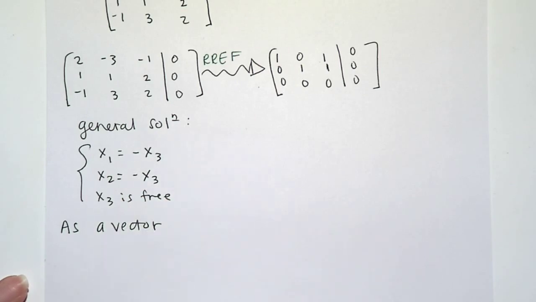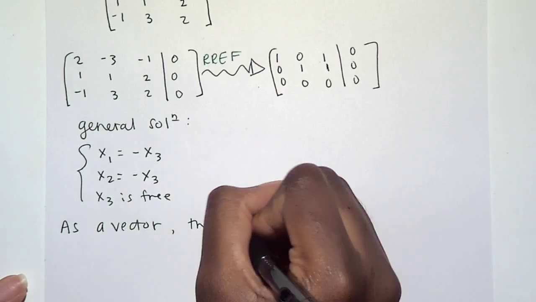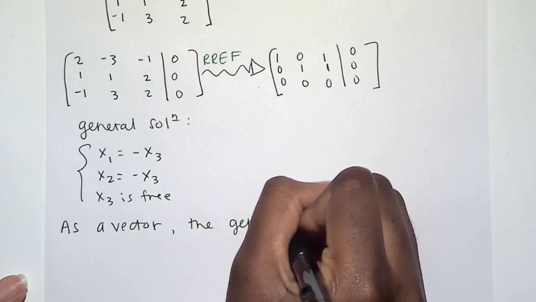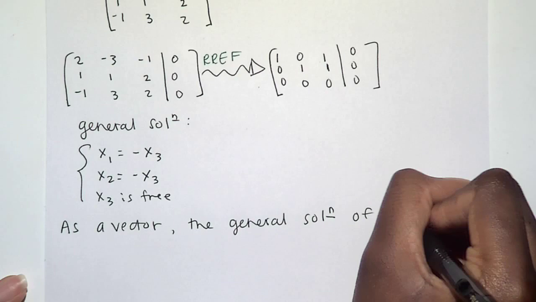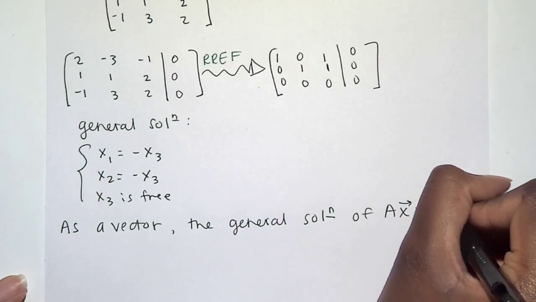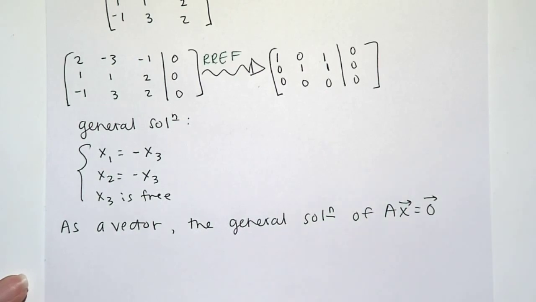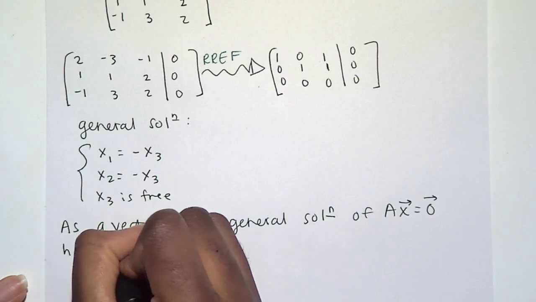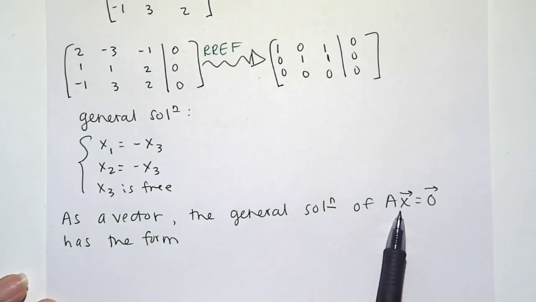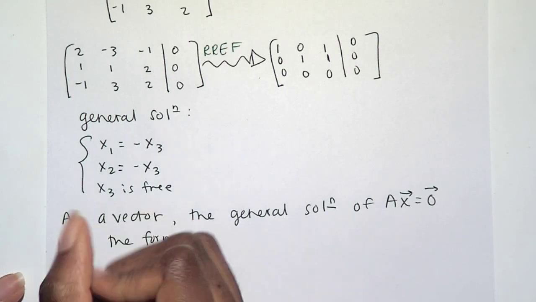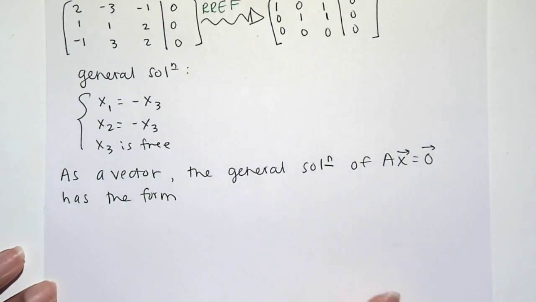As a vector, the general solution of Ax equals 0 that we just solved has the form, remember we're solving for x. You can do this in one step, but I'm going to do it in two steps just because it's clearer to see where things are coming from.